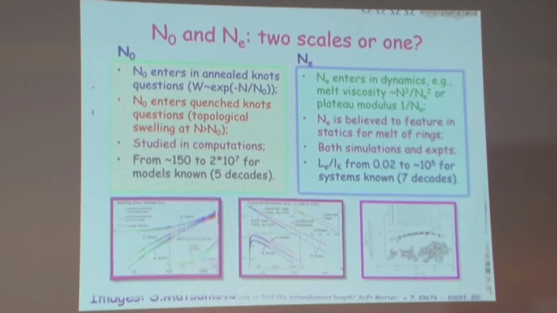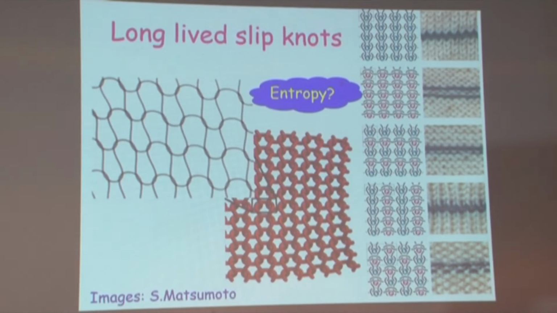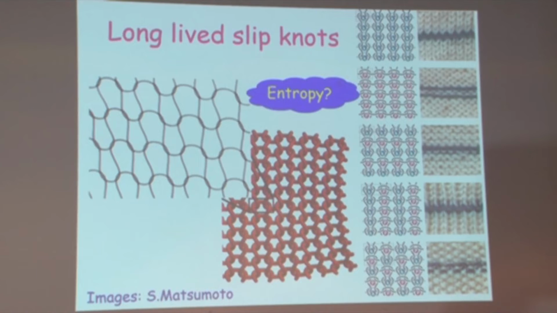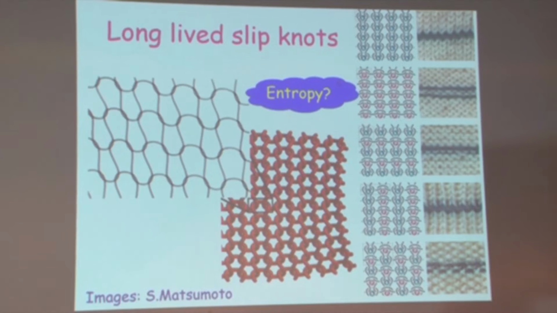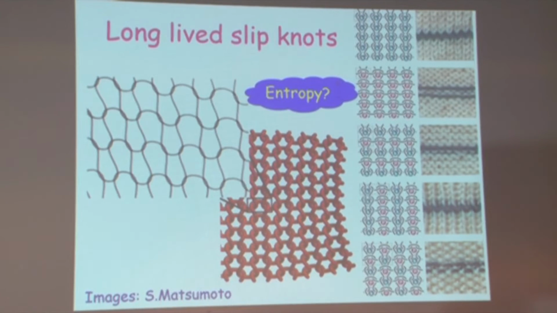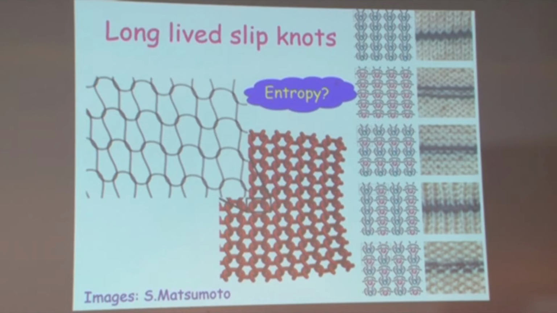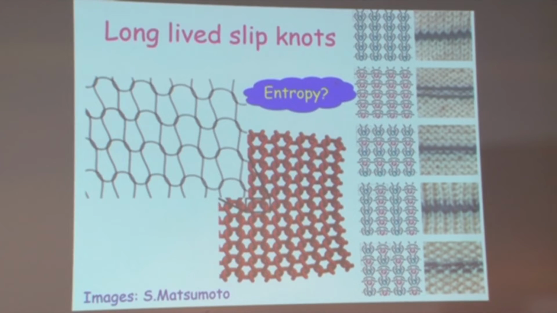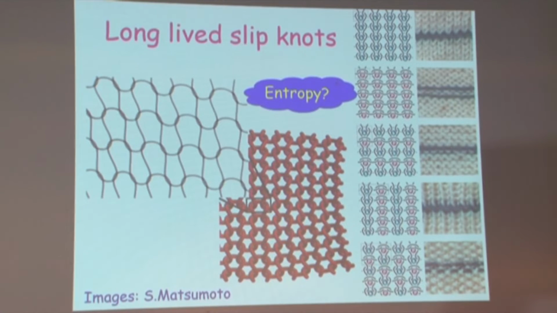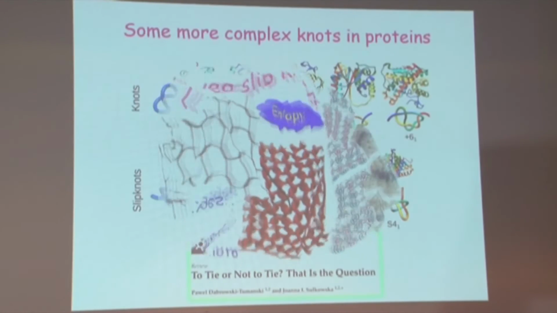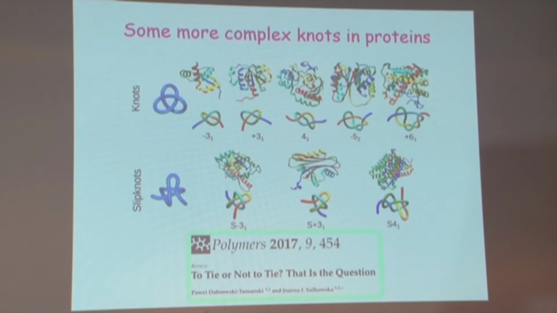Okay, so let me skip this. I also want to point out, in this climate and in this weather, it's probably not very relevant, but everyone probably sometimes wears a sweater, and a sweater is a set of so-called slip knots. Slip knots are something that is actually observed in proteins, in another biological system.